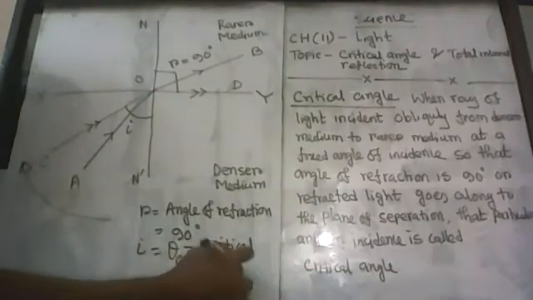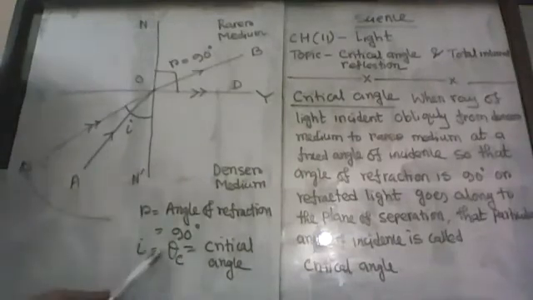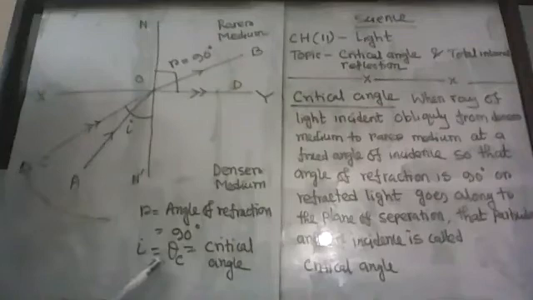You know that this symbol, just like a zero, is known as theta, and theta always indicates an angle. So this theta indicates the critical angle; C stands for critical. So theta C is the critical angle.